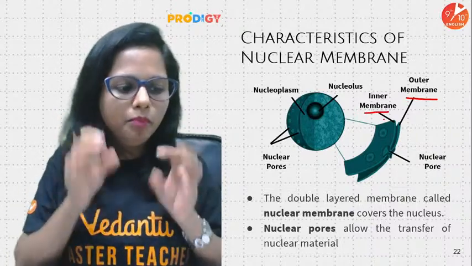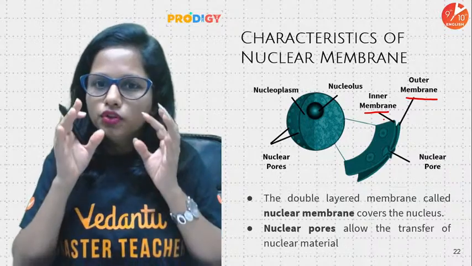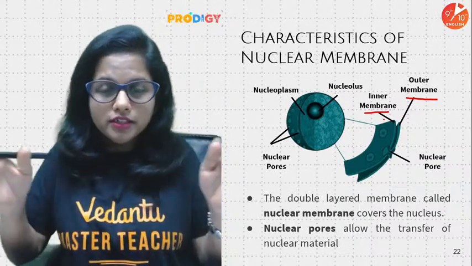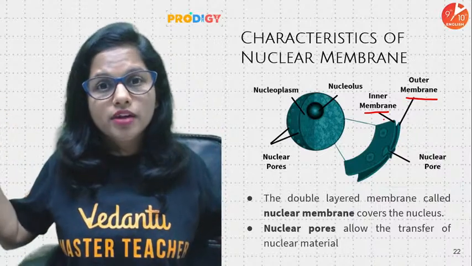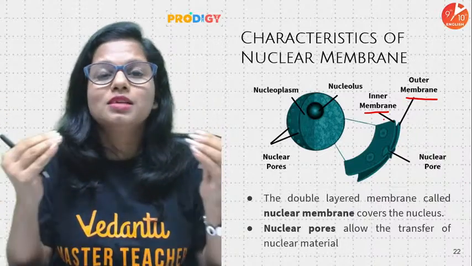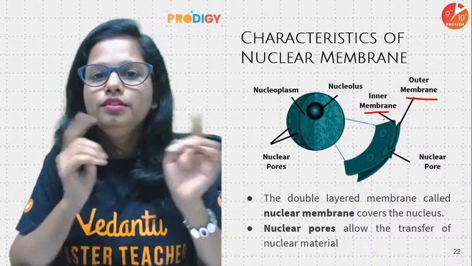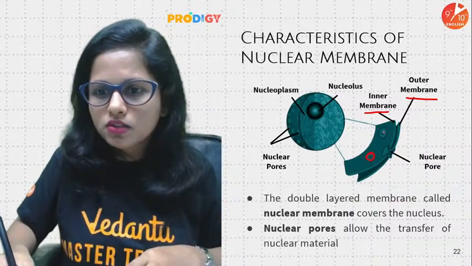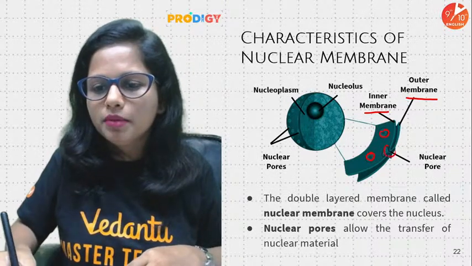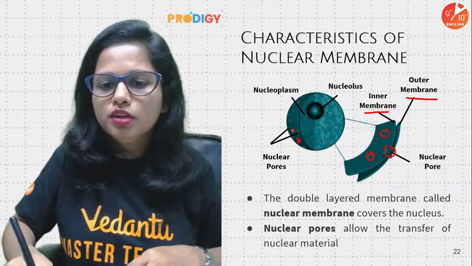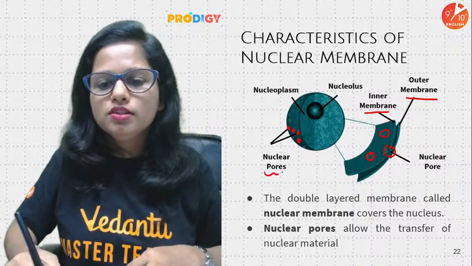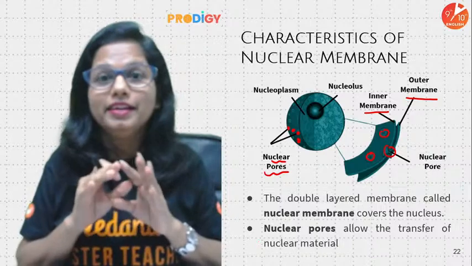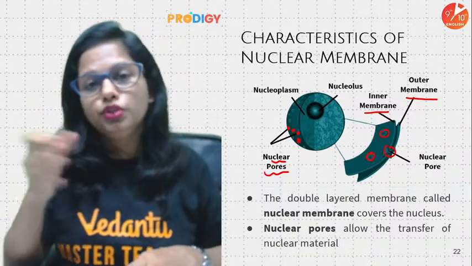But this nucleus has to transport some substances out of the nucleus into the cytoplasm, and it has to get some substances from the cytoplasm into the nucleus. For the sake of transportation, there are numerous openings present on the nuclear membrane. These numerous openings are called nuclear pores. So nuclear pores help in facilitating transport in and out of the nucleus.